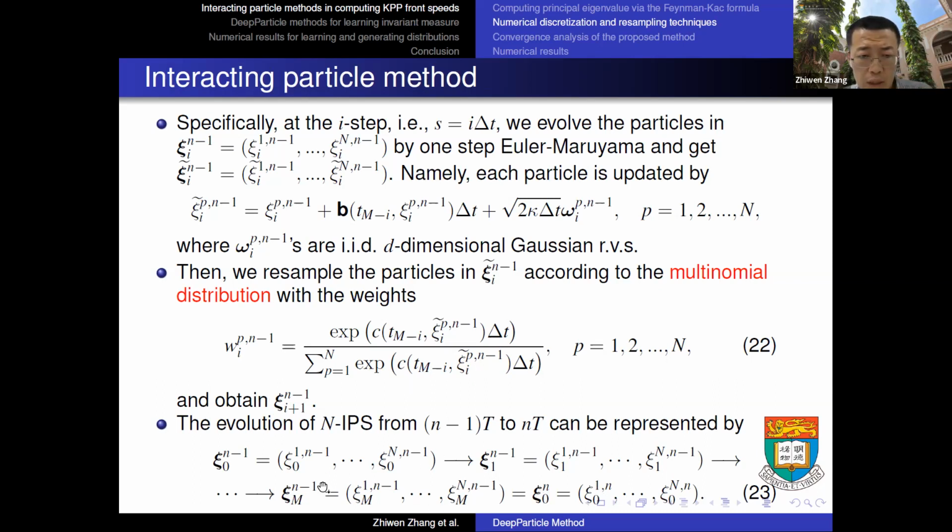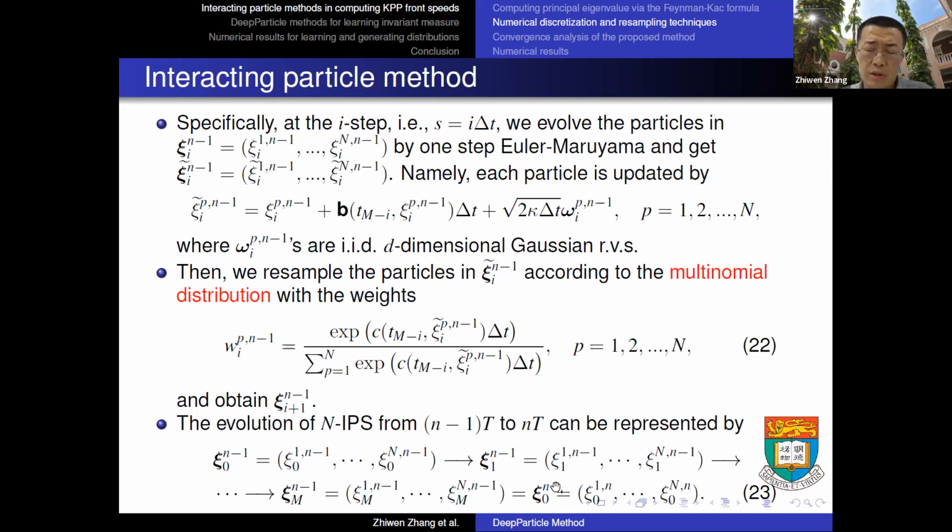So here is the diagram. Within one period from n-1 to n, we solve this SDE one delta t step and do the resampling, and again until M steps, and we get the initial data for the next period, for the next iteration.